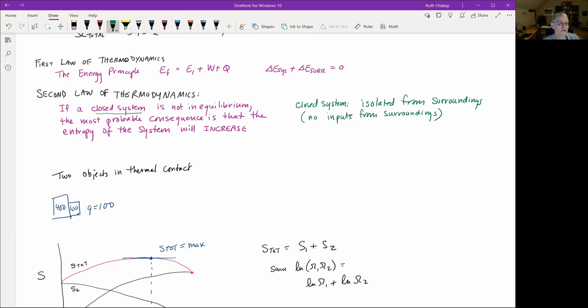And what's a closed system? It's isolated from its surroundings, so no inputs from its surroundings. Of course, the universe is a closed system because it doesn't have any surroundings. So you may hear people say the second law of thermodynamics says that the most probable thing is that the entropy of the universe will increase. So there are lots of different ways of saying it.